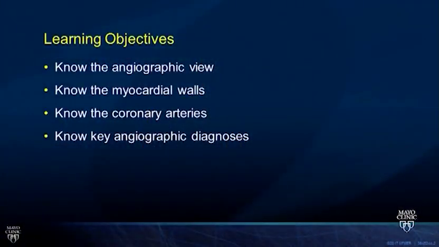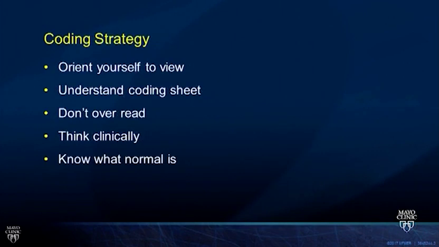And we'll also talk about some coding techniques to get you prepared. So the key learning objectives are to know the angiographic view, to know the myocardial walls that correspond to a specific area in the angiographic view, know the coronary arteries, and then to know the key diagnoses that you are expected to know based on the angiogram.